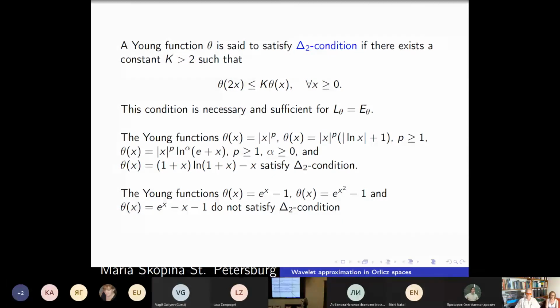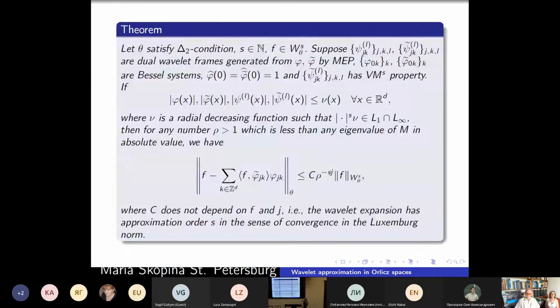We will consider now the delta 2 condition because we want to discuss the norm. And the theorem is absolutely the same, but with only one difference. Now theta satisfies the delta 2 condition, all the rest the same, and we have such an inequality for the norm.